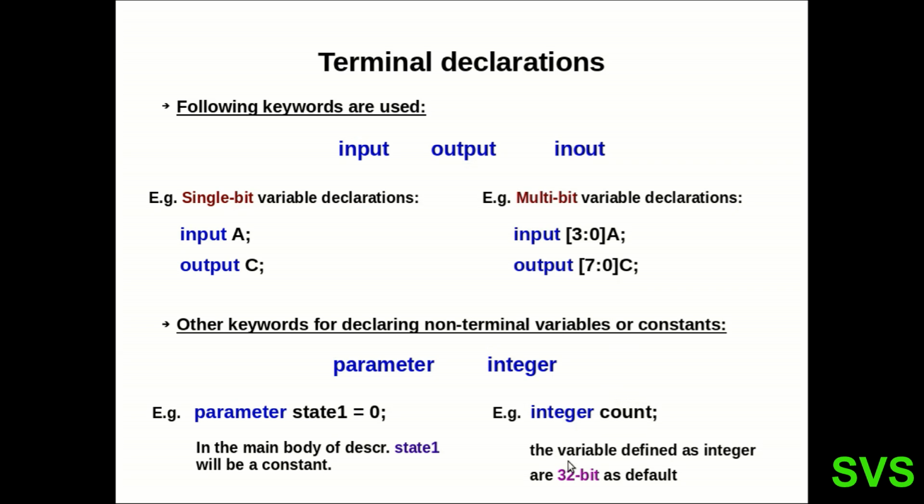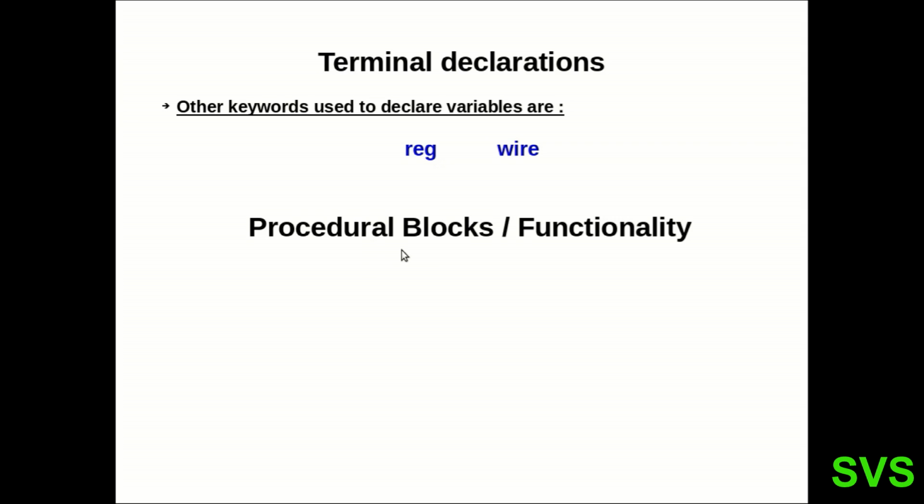And by default, it gets defined as a 32-bit variable if the size is not specified. So other popular keywords which we'll be seeing in our further sessions are registers and wires.